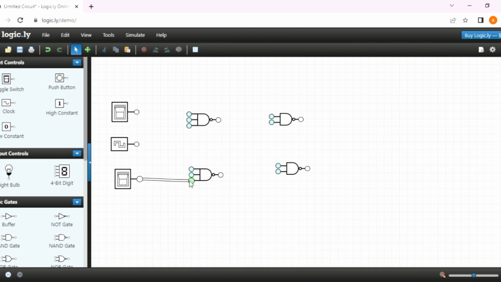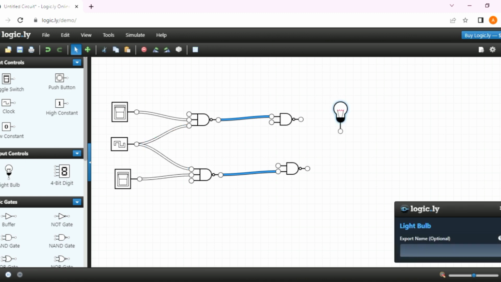So giving these inputs. Giving the clock pulse input. Connecting these gates. There are 2 outputs.